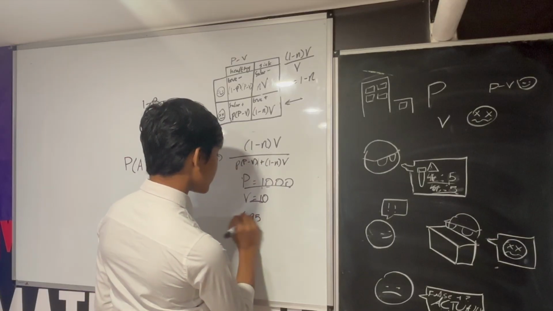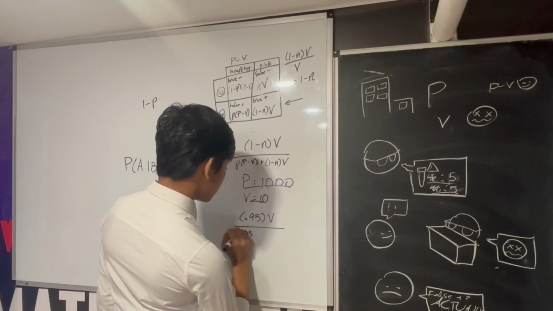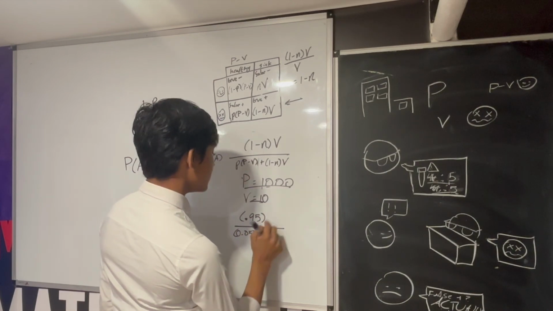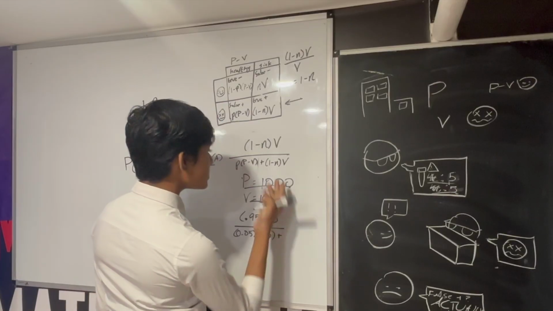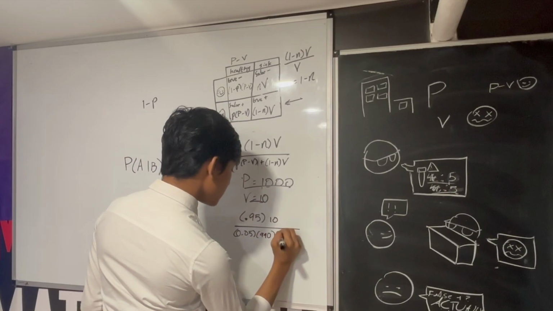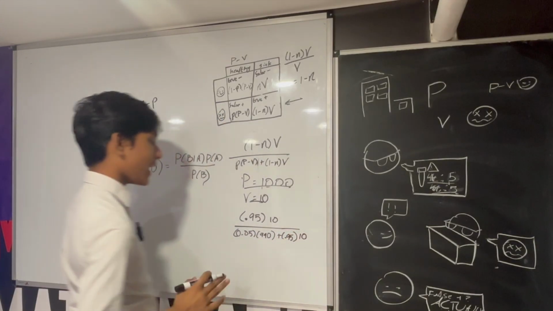Well, it's 0.95 times v over 0.05 times p minus v. So this is going to be 10 times 990 plus 1 minus n, 0.95 times v, which is 10.